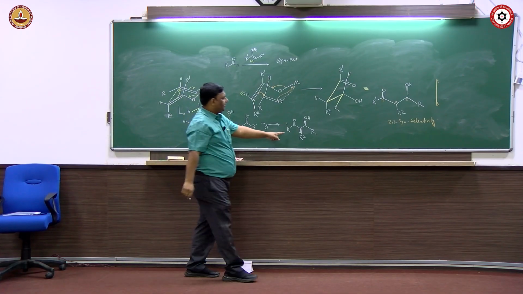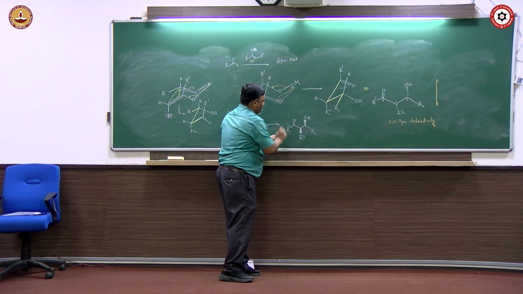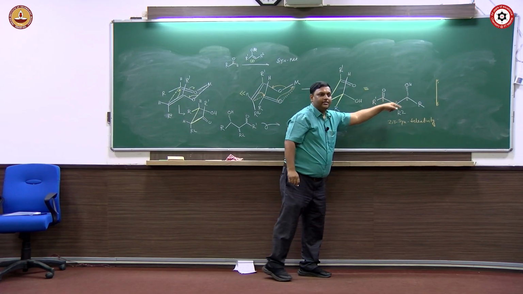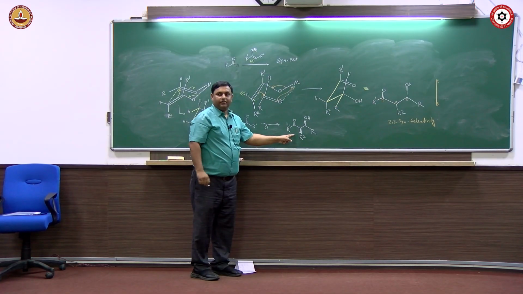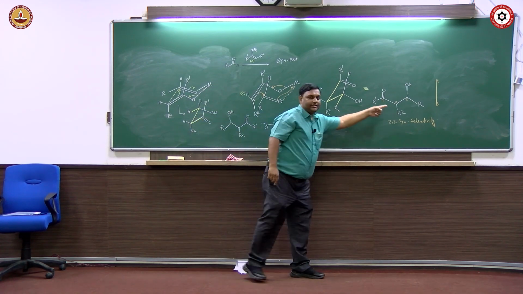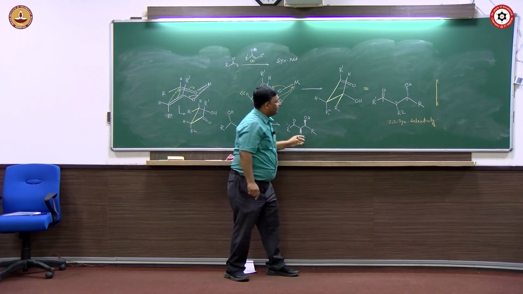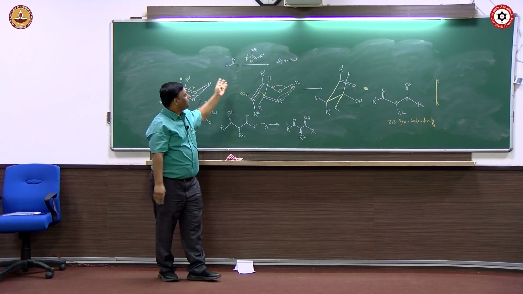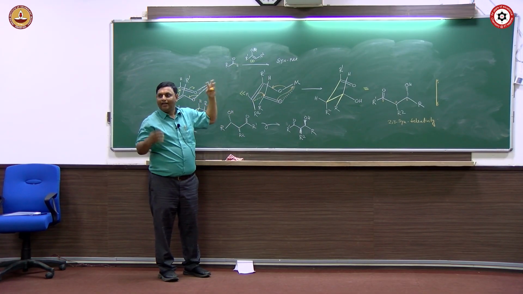So you can see that now R1, R2, R1, R2, these two are syn, these two are also syn, but in this syn both are in the beta and in this syn both are in alpha. Then the relationship between these two is enantiomeric, because so far we are only dealing with the racemic reaction.